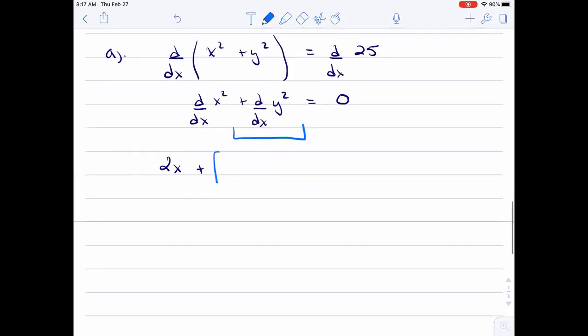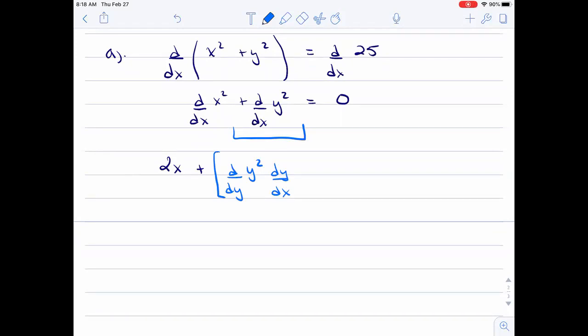So this becomes d dy of y squared times dy dx. Because, right, we've got this y squared, which is essentially f of x squared. If you think about the chain rule, we have to take the derivative of the outside and then multiply it by the derivative of the inside.